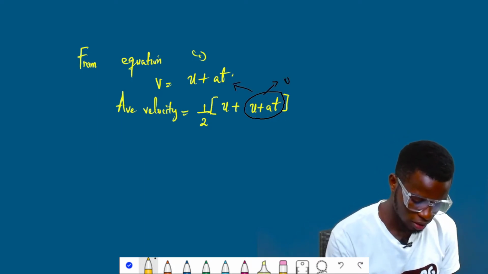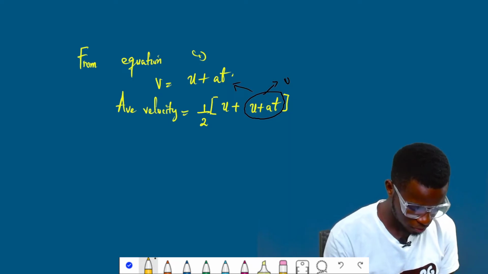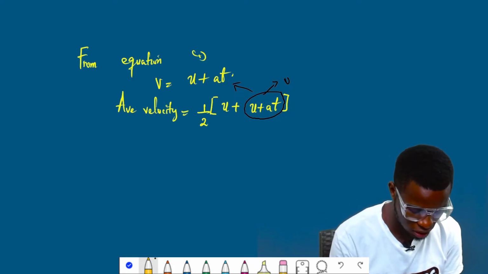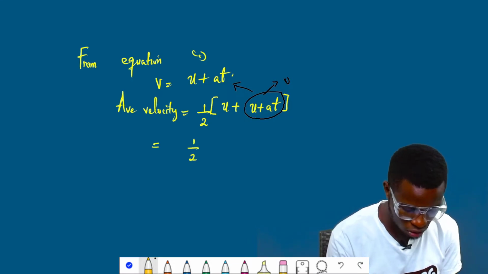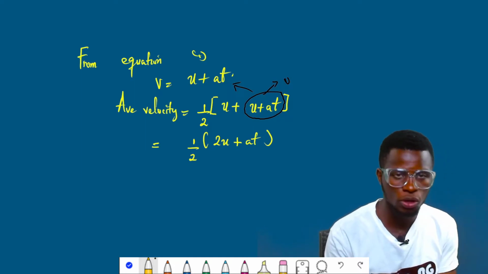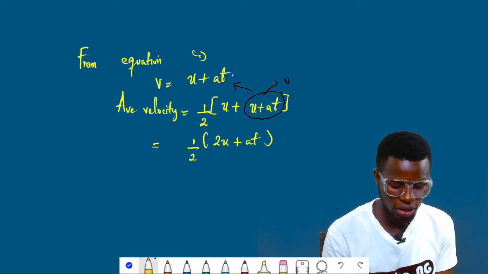It's over here. Okay, now if we continue, we have that the average velocity is equal to 1 over 2 into 2u plus at, because u plus u gives us 2u then plus at.